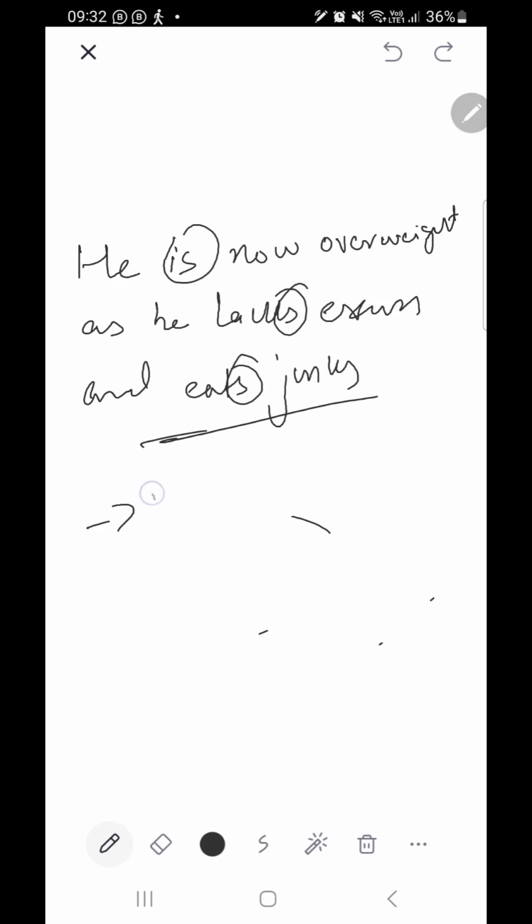We can write it, let's say, about his ward stay.